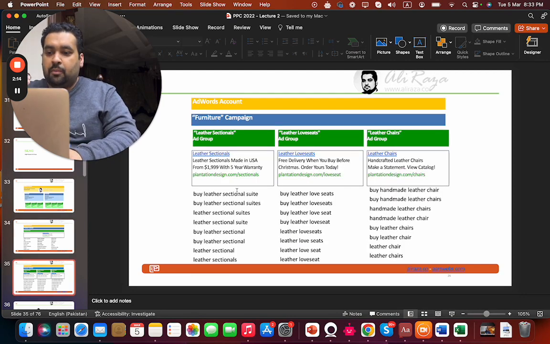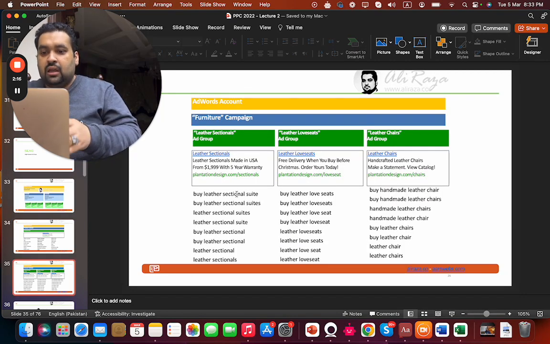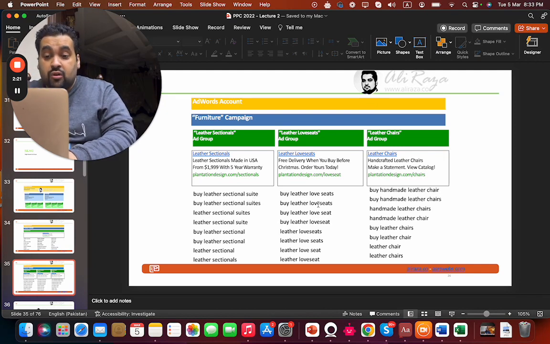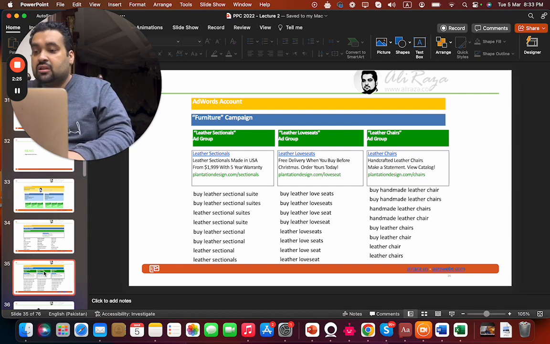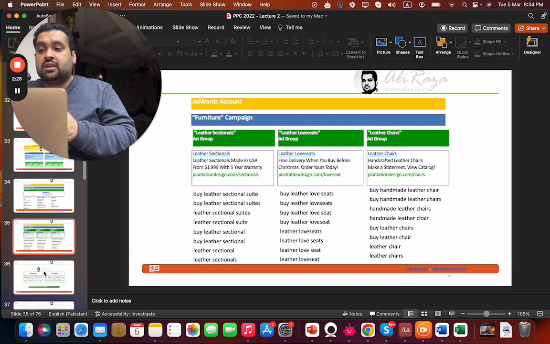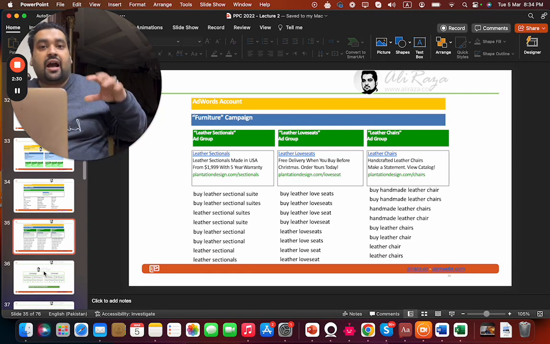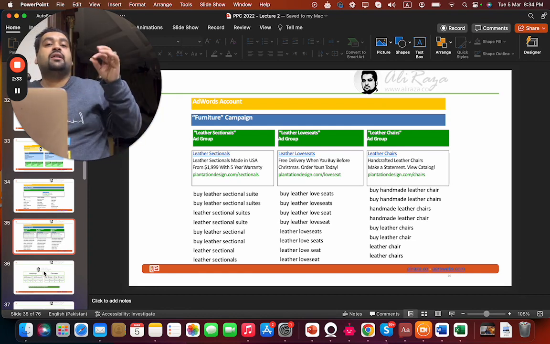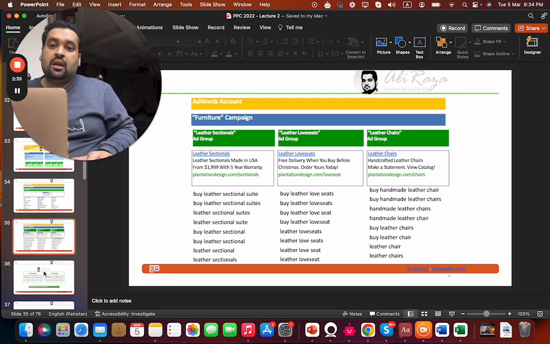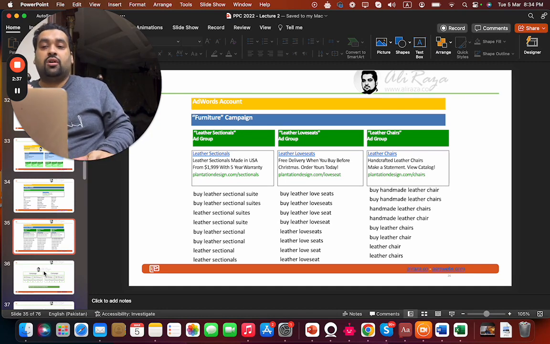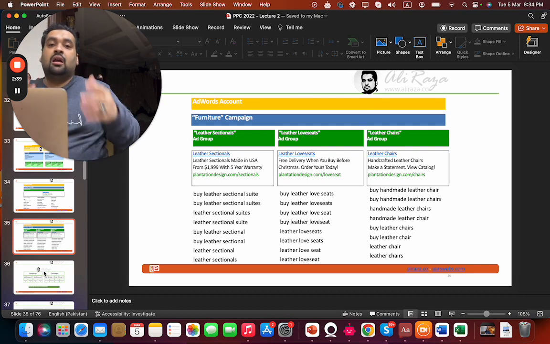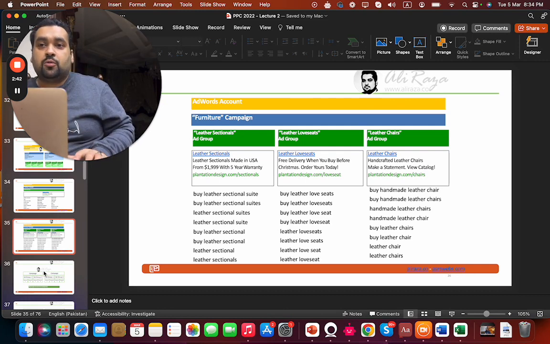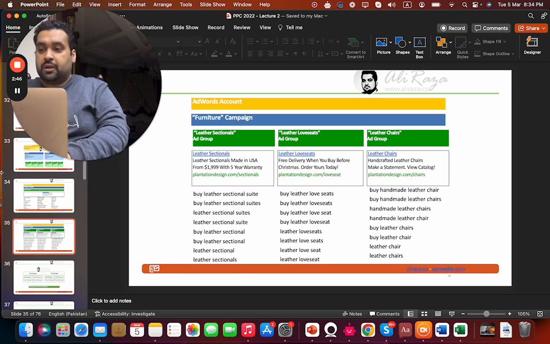I have put the buying words in specific ad groups: buy leather sectional suit in a specific one, buy leather loveseats in a specific one, and buy handmade leather chair in a specific one. The reason is that each keyword has a different intent, and the winning formula of any marketer is to do keyword research according to each intent and organize your campaign into specific ad groups so that you can win.